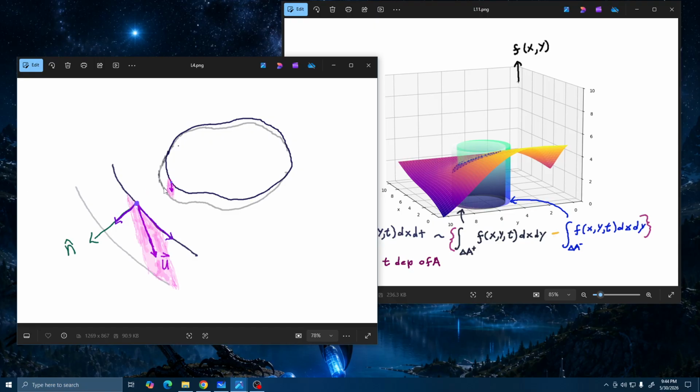To actually get the entire volume that's under the graph, but between these two positions, this has to be done for all of these little points. So this is basically going to be the sum for all of these blue points. This has to be done again and again and summed. And the sum in this case is actually effectively just an integral.